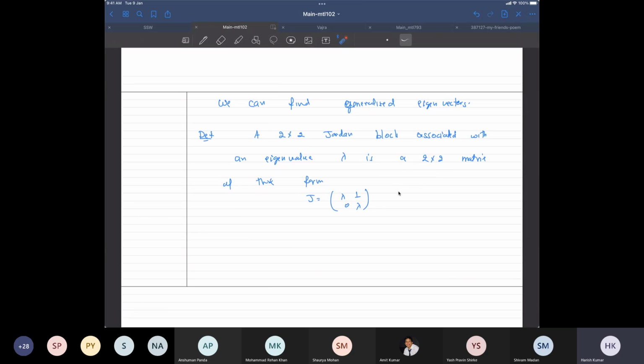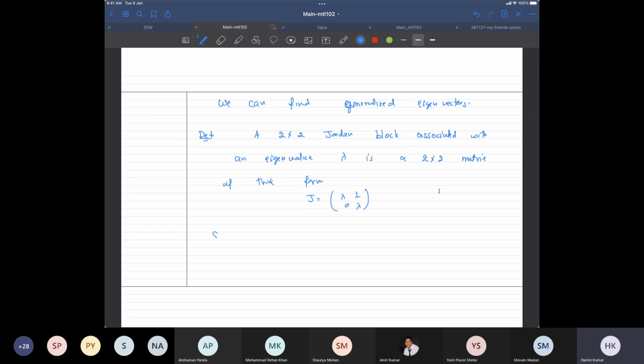Okay, so let us get back to the case, and why I'm doing it. Now what we'll do is the following. Why these kinds of things are important has nothing to do with the 2 cross 2 case. You can write the n cross n version of it.